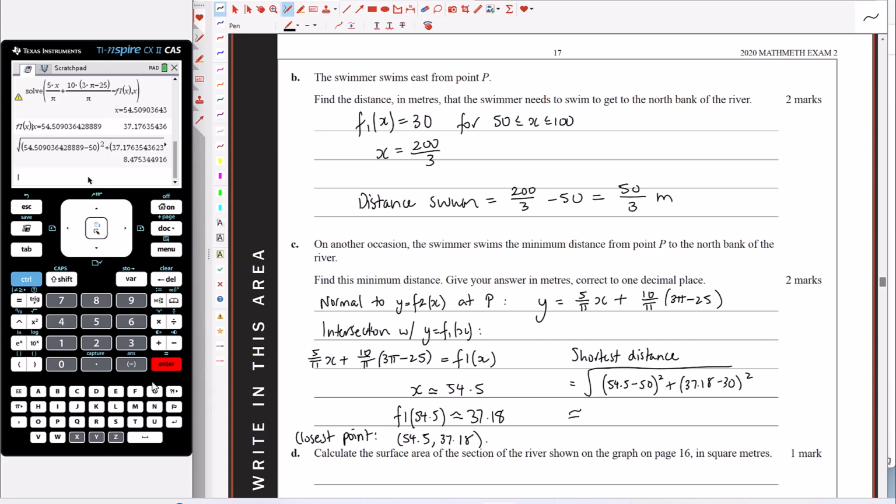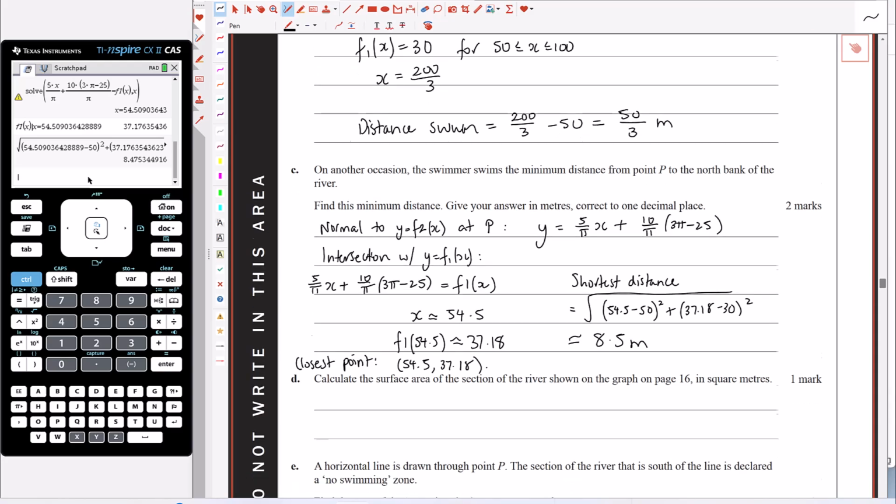So that's just the distance between 2 points formula, which is really just Pythagoras. And we want this distance correct to 1 decimal place. So that is going to be 8.5 meters is the shortest distance, which is definitely shorter. The vertical distance, remember, was 10 meters if we swam straight north. If we swam straight east, it's this 50 on 3, which is a lot more. And so 8.5 meters is the shortest distance if I swim perpendicular from the bank.